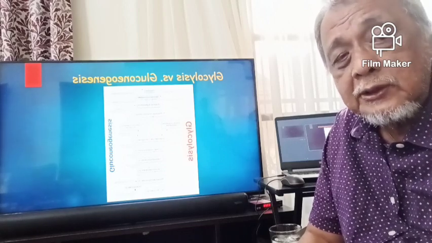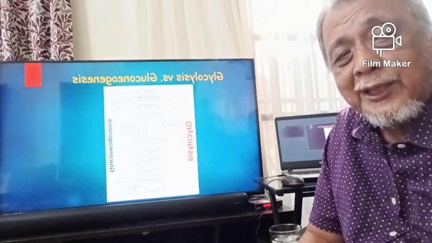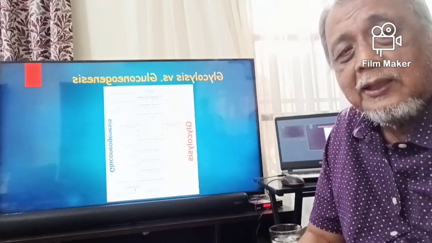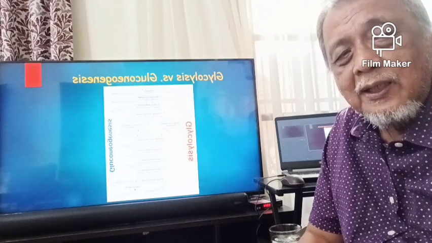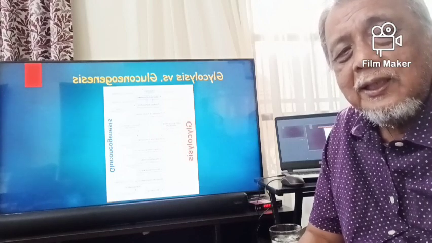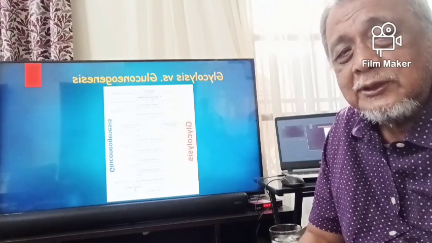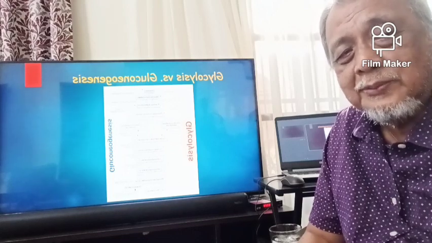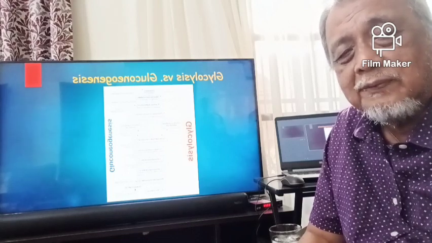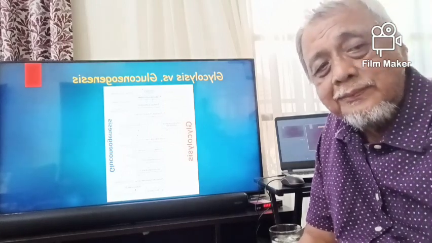And most of these sources of energy are not digested in the rumen. They are directly digested in the abomasum, which is the true stomach of ruminants. That's where the breakdown of these carbohydrates happens.